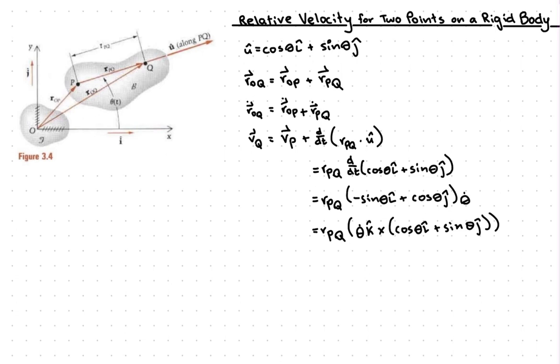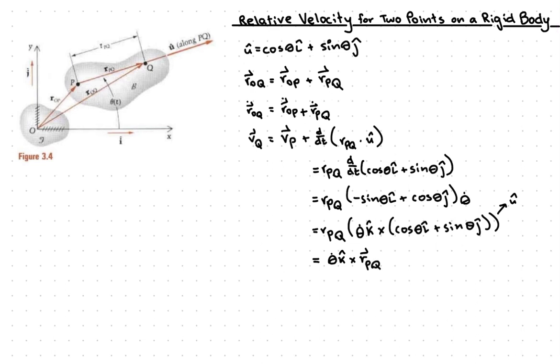Here, we can recognize that cosine theta i plus sine theta j is the same thing as u hat, and u hat times the magnitude RPQ is our original vector for position going from P to Q. So our final simplification of this is going to be theta dot in the k hat direction, crossed with our position vector from P to Q.